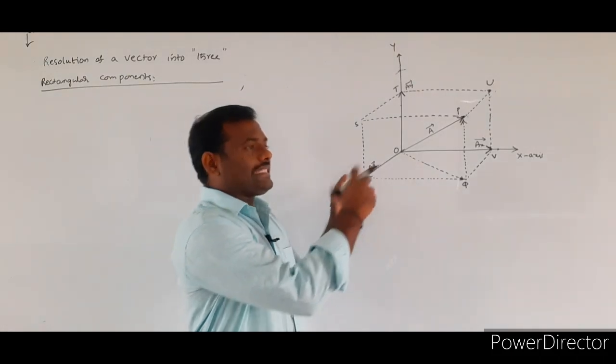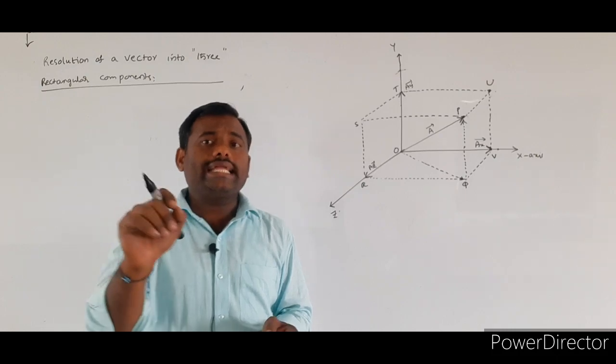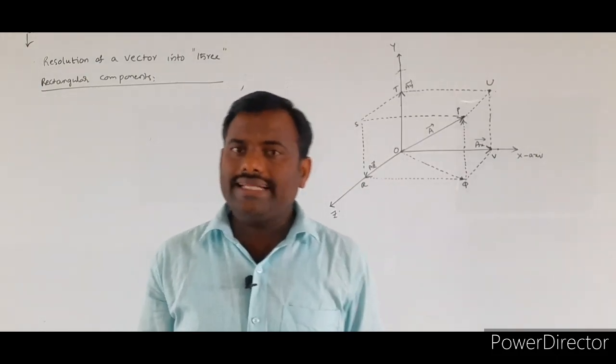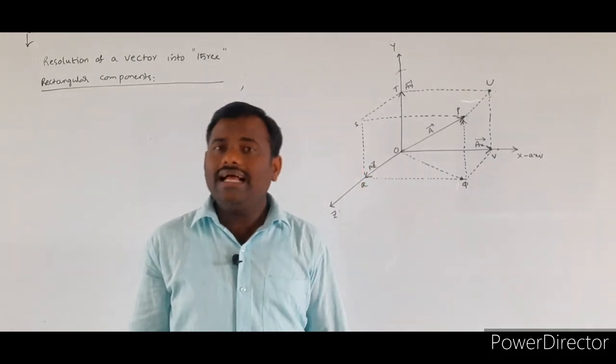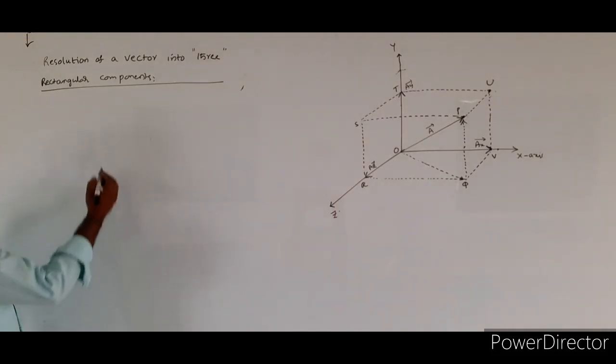Before explaining the resolution of a given vector into three rectangular components, we have to know one law, that is the triangle law of vectors. What is the triangle law of vectors?